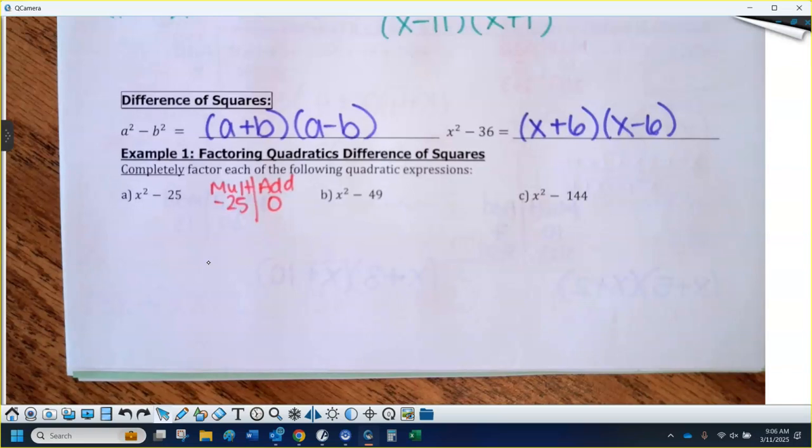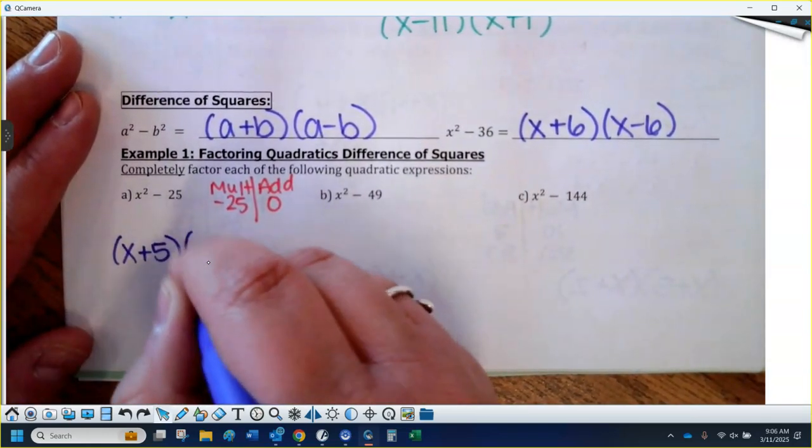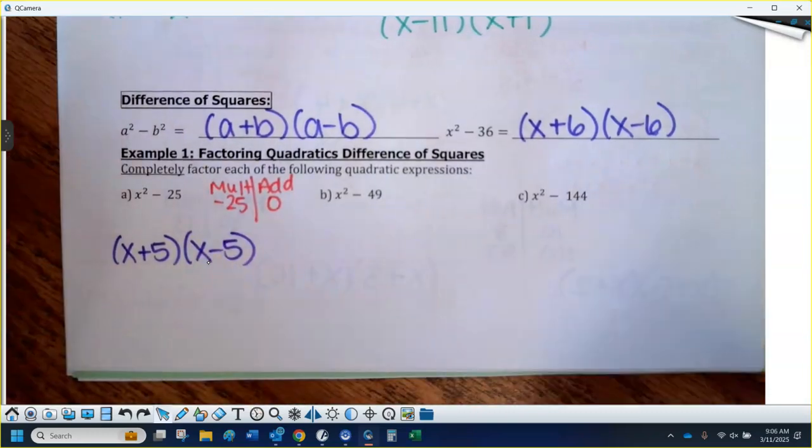Like they'd cancel each other out? 0 and 25? 0 and negative 25? No, I have to have the numbers multiply to get negative 25. What do you think? Yeah, it's just negative 5. Negative 5 times 5 is negative 25. Negative 5 plus 5 is 0. So one of them would be x plus 5. One of them's x minus 5. So you could do it that way too.